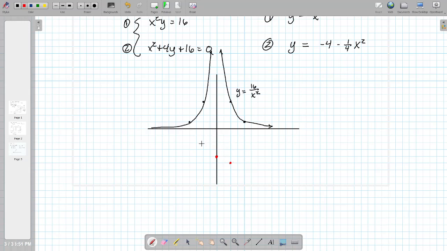And if x is equal to negative 2, we get the same thing. For the parabola, something like this. You can use graph shifting techniques if you want. This would flip the graph and shrink it by a factor of 4, and then we would shift it down 4 units if you wanted to do it that way. Notice here that we have no intersection points, so there is no solution.